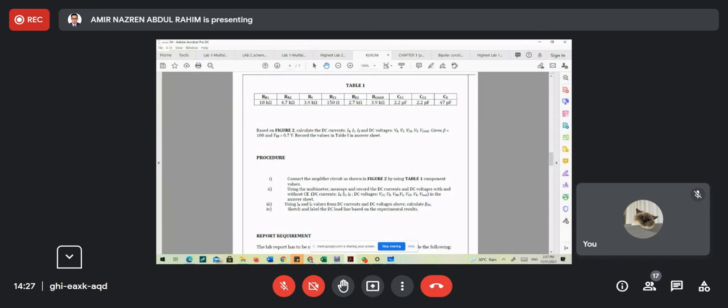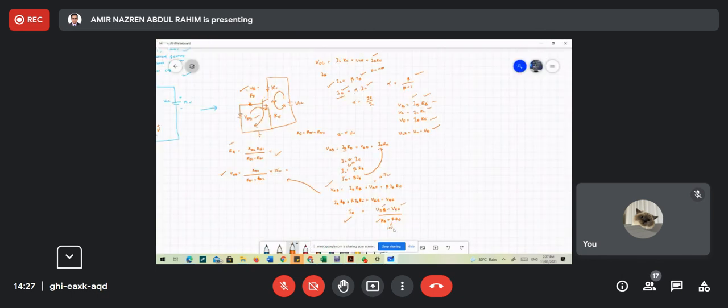Brian: Kenapa IC is almost equals to IE ya? Oh, dia sebabkan dia almost, dia bukan equal dah, dia almost. Untuk dapatkan VBB ni kita assume that IC almost equal to IE. Kalau you tengok nilai alpha pun, kalau you kira IE over IC, it is almost 0.98 or 0.99.